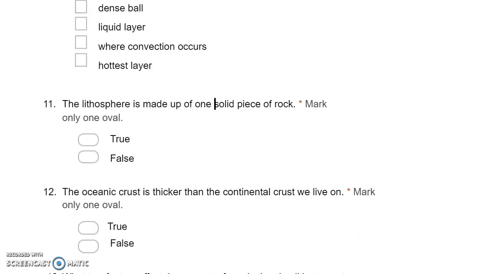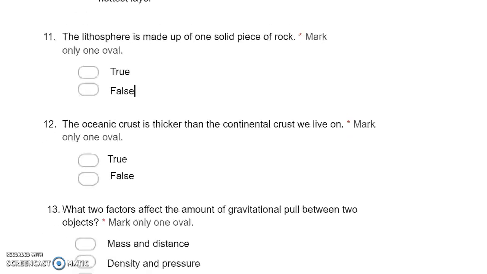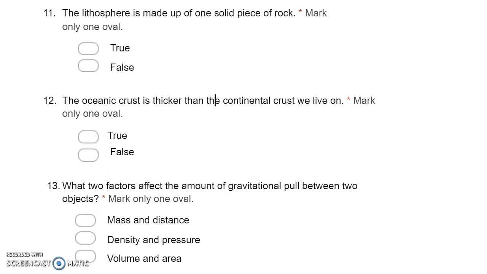Number 11, the lithosphere is made up of one solid piece of rock. Mark only one oval. True or false? Number 12, the oceanic crust is thicker than the continental crust we live on. Mark only one oval. True, false?